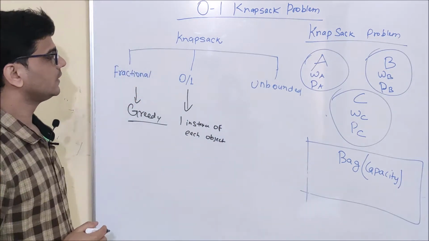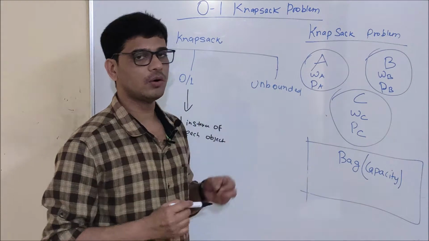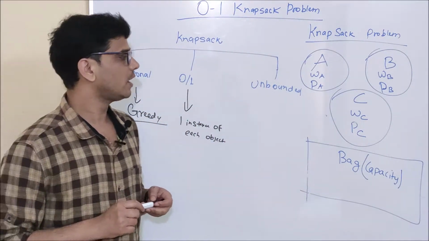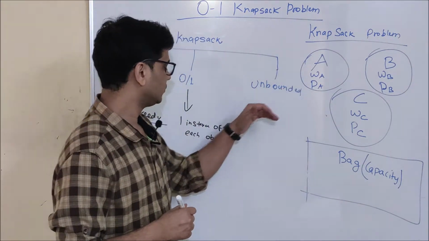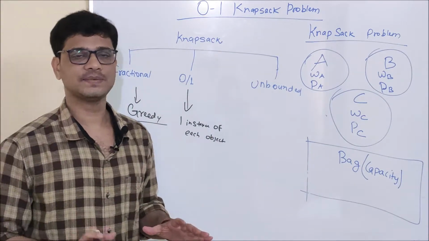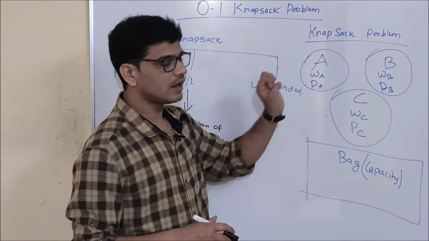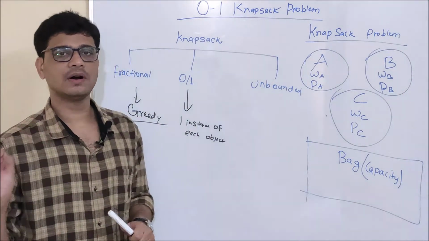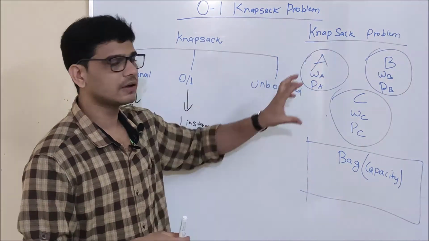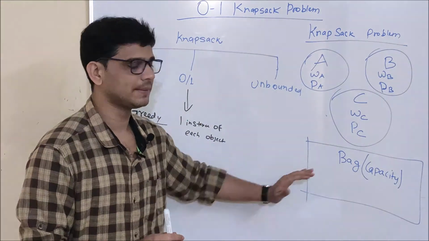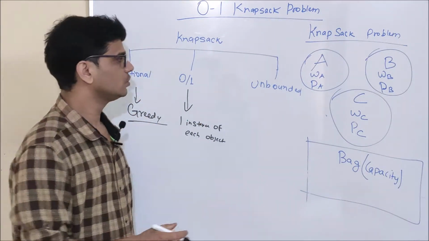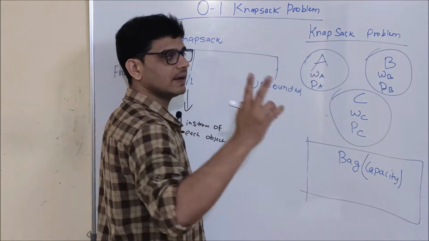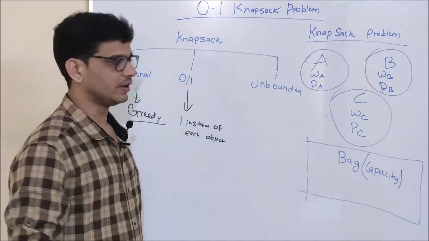Now let's come to what an unbounded knapsack is. Unbounded knapsack is very similar to 0-1 knapsack. In unbounded knapsack, I can either take an object or leave an object. That is, I can't break an object and take it in my knapsack. So for every object I have two options, either to take it or ignore it.